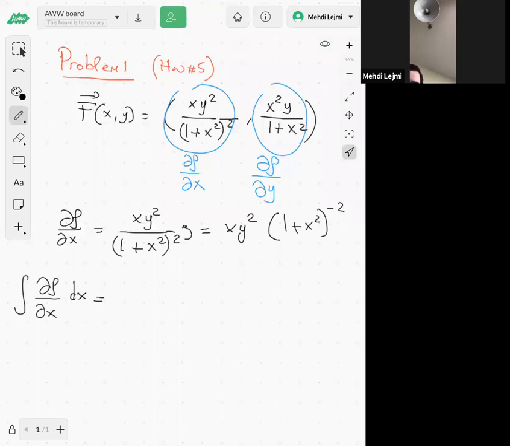This should be your u, so you would get 1 plus x squared to the negative 1, divided by negative 1, and also divide by 2, times y squared.